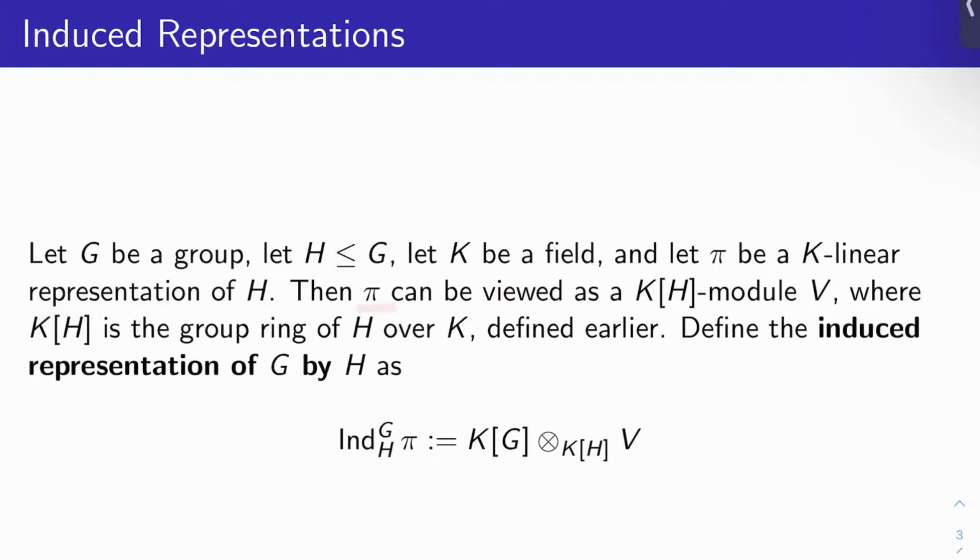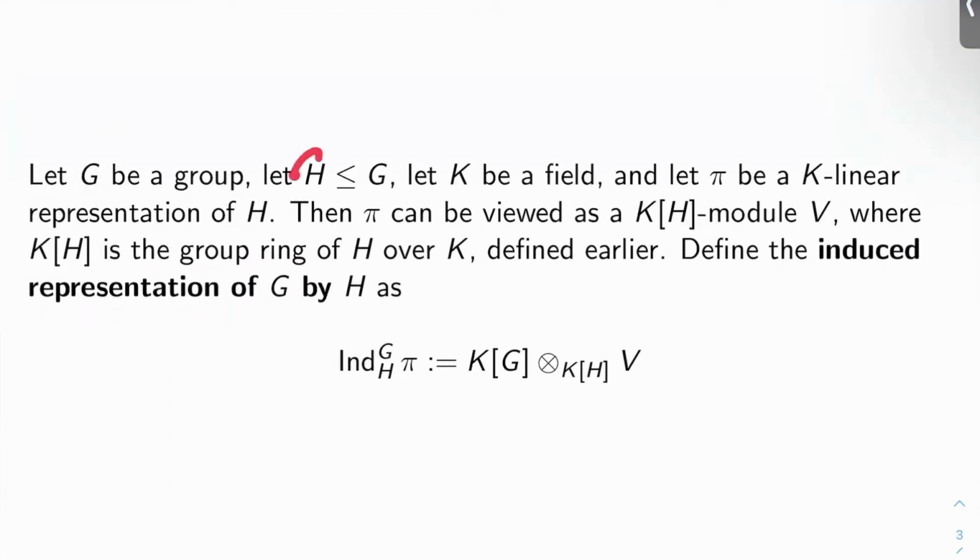You can also always view a representation like this as just a KH module V, where KH is the group ring of H over K. You can think of this as a group ring module, sure, but really what's going on here is you're saying V is a K module with an H action on it. That's how I like to think about it. Once you think about it like that, it's obviously the same thing as the representation theoretic point of view. Okay, is there some way of bumping this representation up to G, a representation of G?